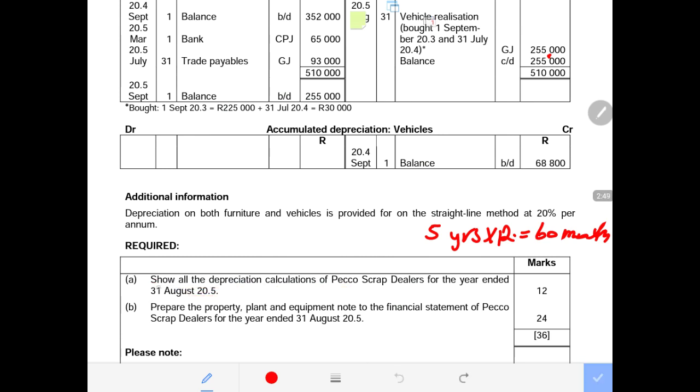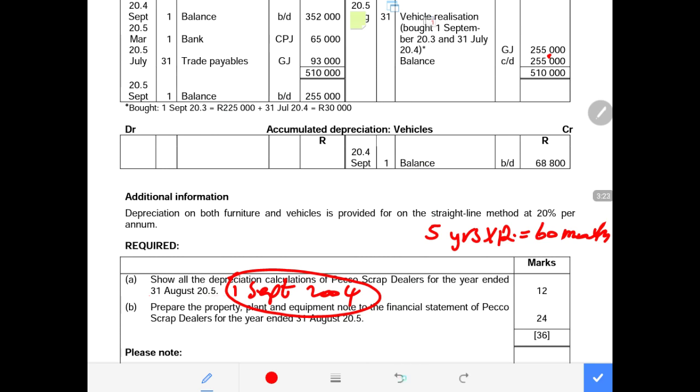So if our accounting period ends on the 31st of August 2005, it started on the 1st of September 2004, because a year starts 1 day after the end of the previous year. One day after the end of August is the 1st of September, in the previous year.